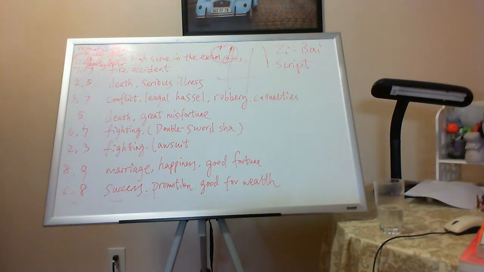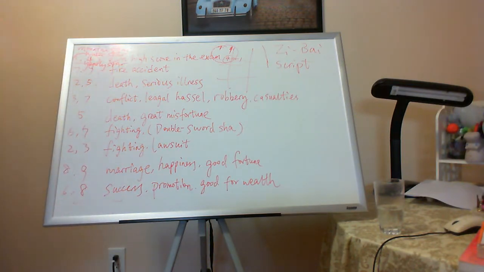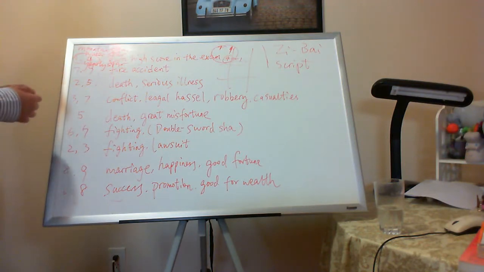This is a harmonic relationship between the two stars, so the power of star 4 will be reinforced, and the chances of earning a high score in the exam is even higher than with just star 4.